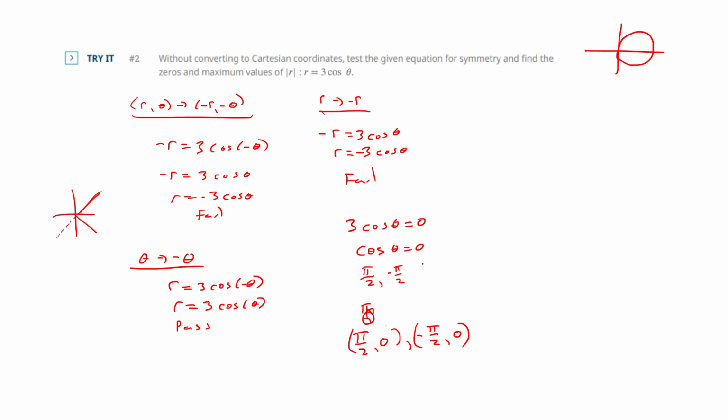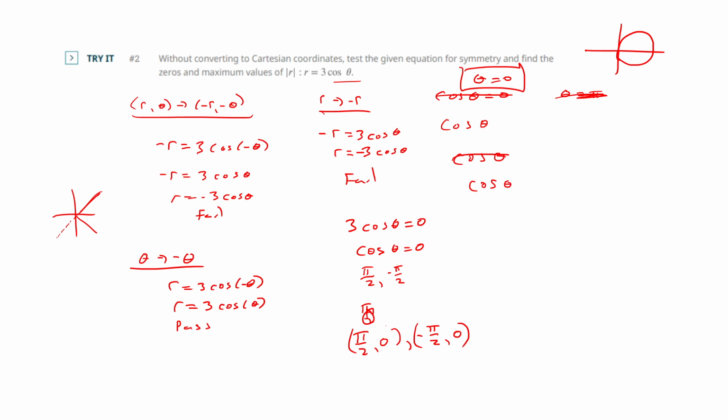Now, let's find the maximum value. Cosine's maximum value, because it's also a wave, is 1. If we put theta equals 0 in, we get 1. If we put theta equals pi in, we get negative 1, so we don't want that one. We want this one.